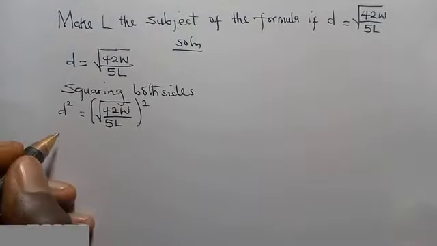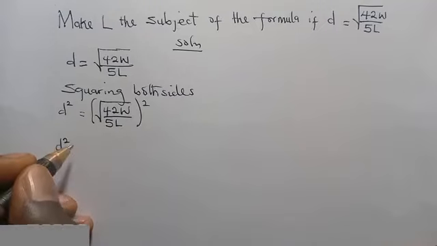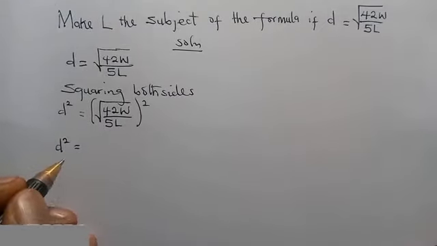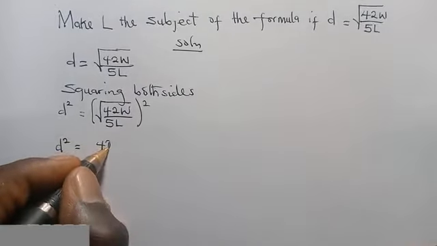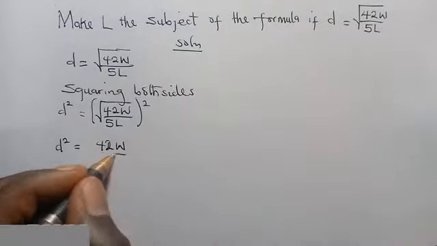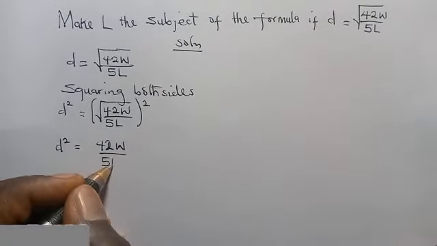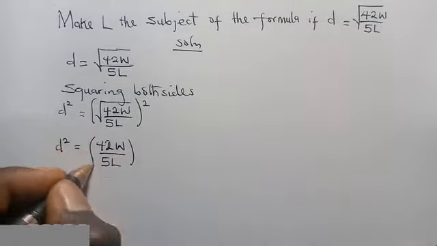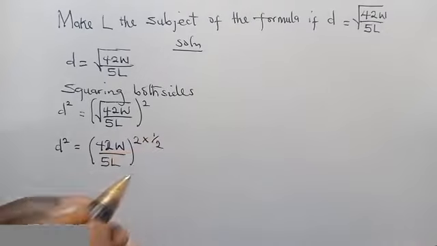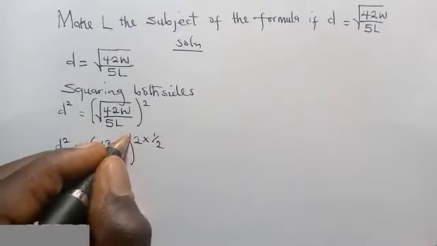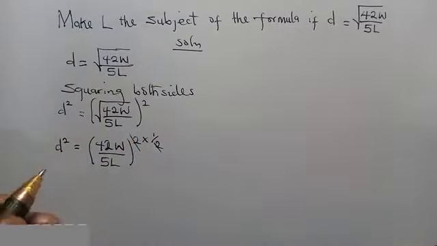So what we have is D square is equal to 42W over 5L raised to the power of 2. This square root implies 1 over 2. So these two go with these two.